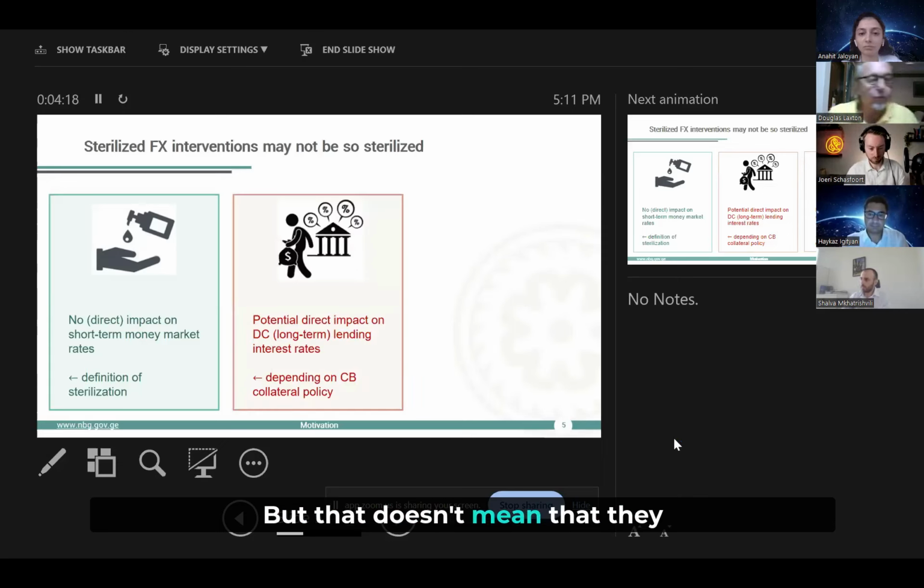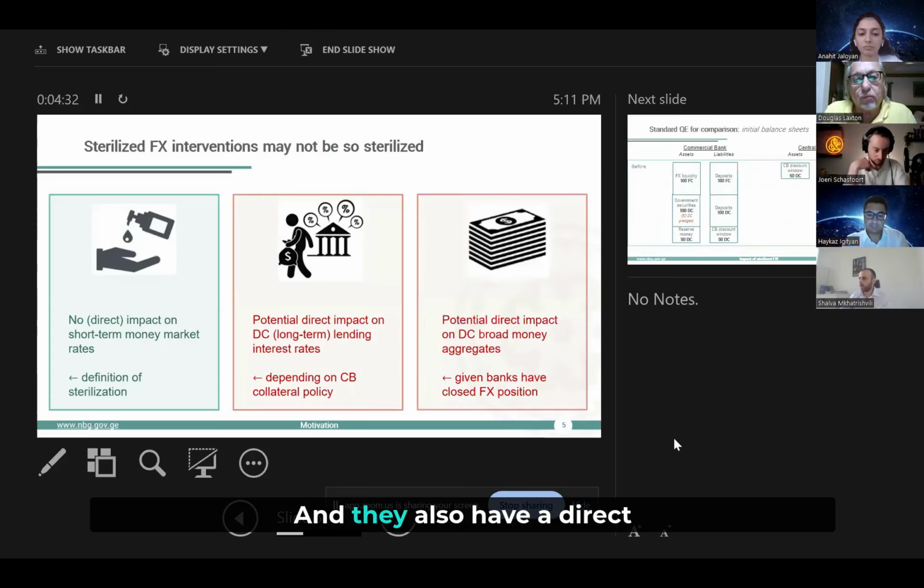But that doesn't mean that they don't have impact on interest rates at all. They can have some impact on interest rates, and more importantly, on longer-term interest rates. That's what I will be showing in these slides. And they also have a potential direct impact on broad money aggregates, as opposed to quantitative easing, as we will see in a minute.